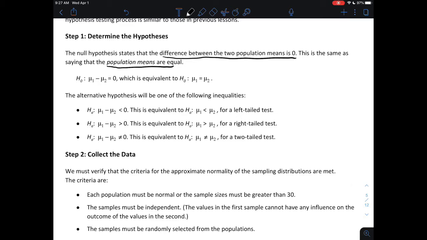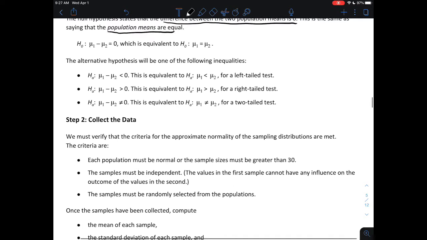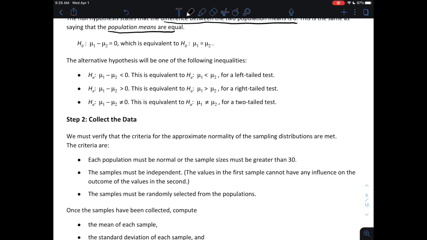That's a right-tailed test. And then mu1 minus mu2 not equal to 0, the same thing as mu1 not equal to mu2. That's a two-tailed test. So this is very similar to what we saw in Module 8, just different symbols. We don't have P1 and P2. We have mu1 and mu2, standing for population means.